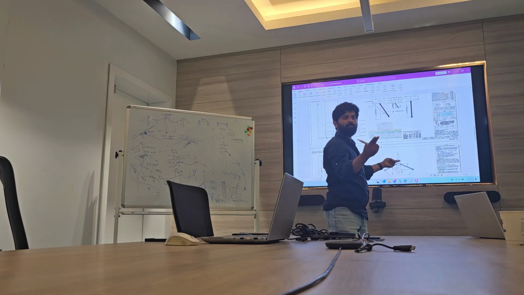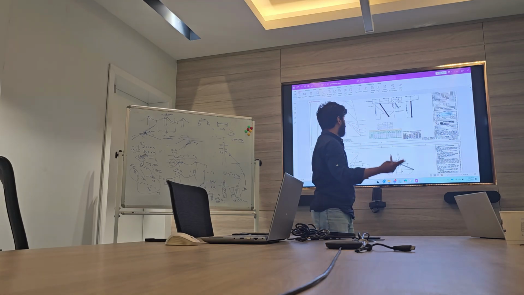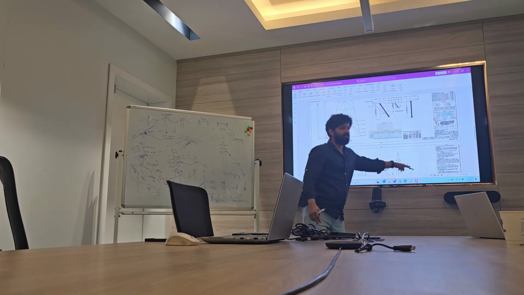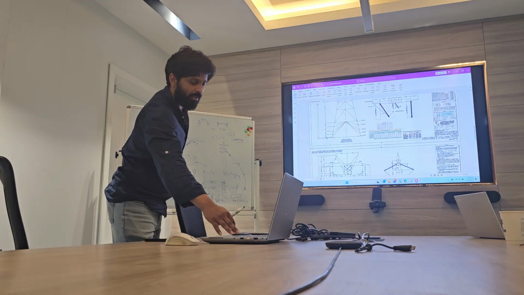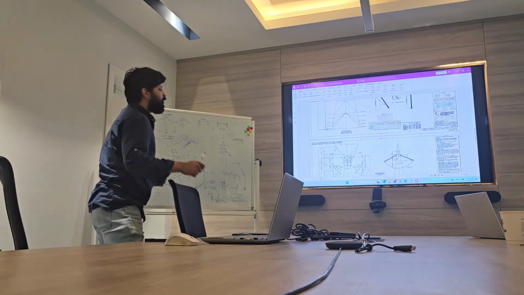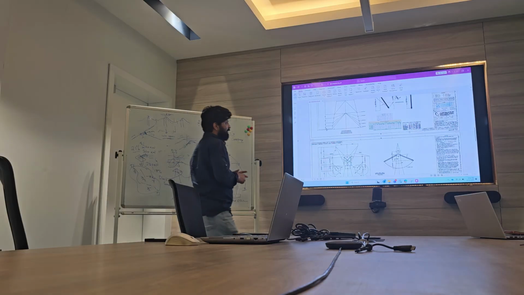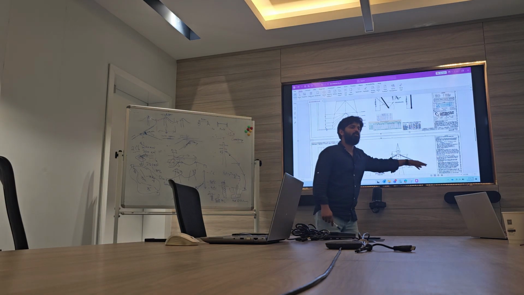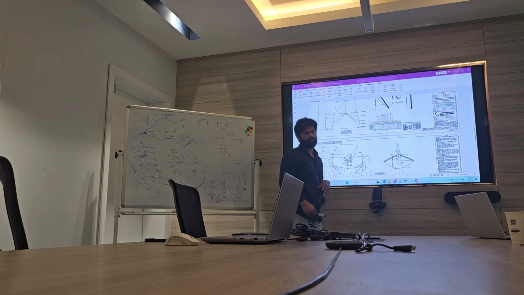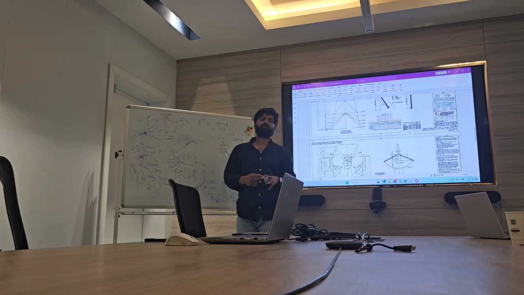How will the current flow? Jumper. So I install something called a jumper conductor, which will be connected from one side of the conductor to the other side of the conductor to flow the power.